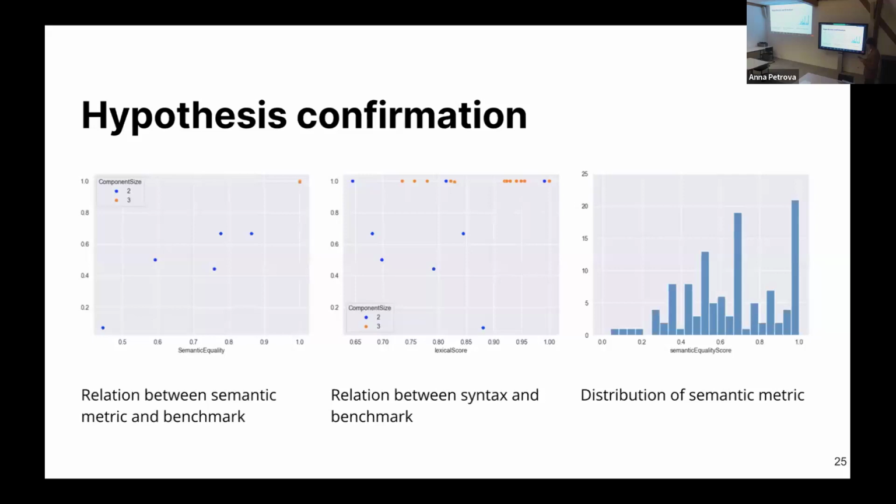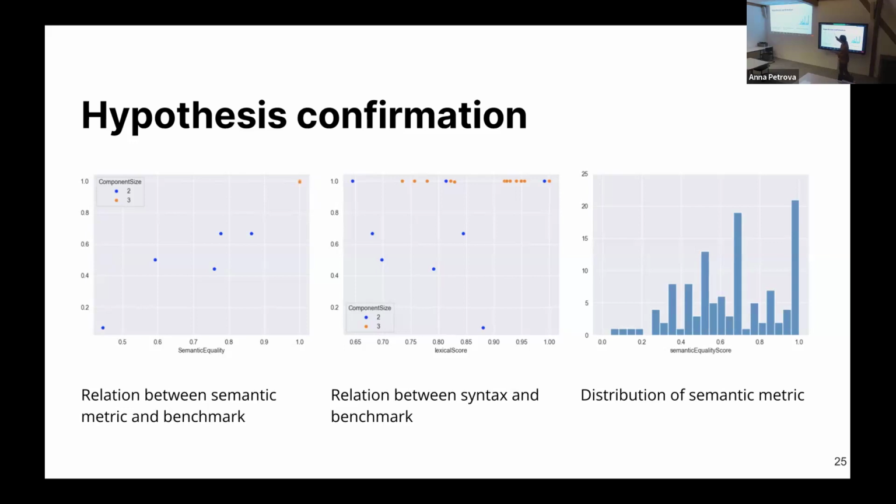Our first experiment was a hypothesis confirmation: if we generate the same solution multiple times, is it correct? We calculated semantic metrics, chose the best solution for each task, and tested it against the benchmark using the semantic metric maximum. The results are clearly seen.